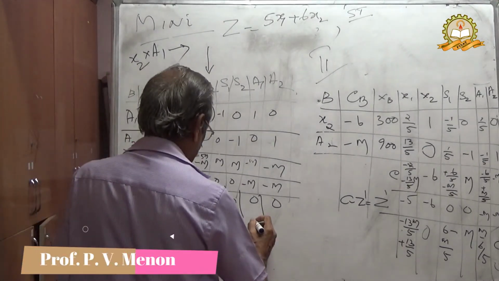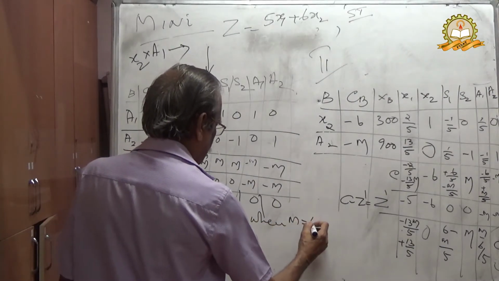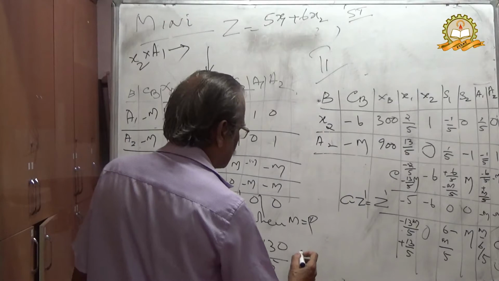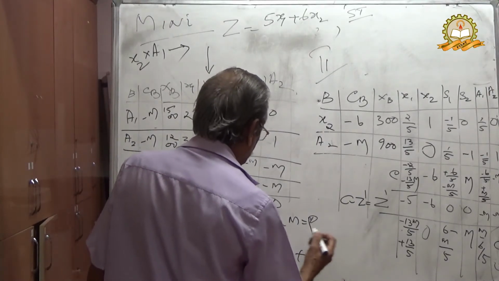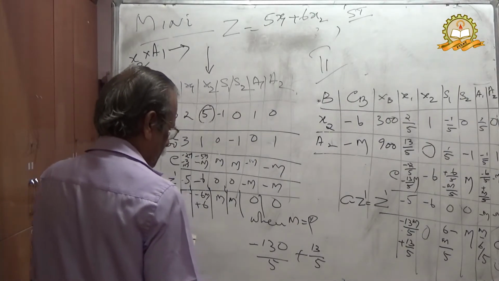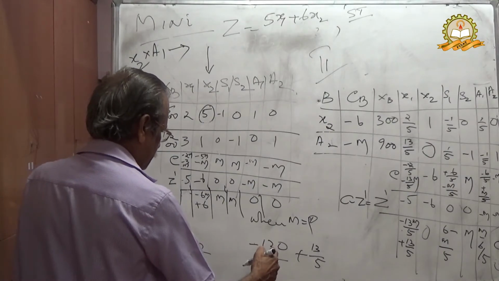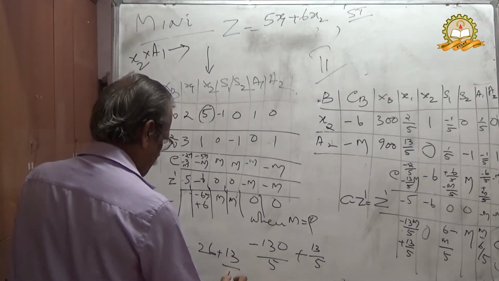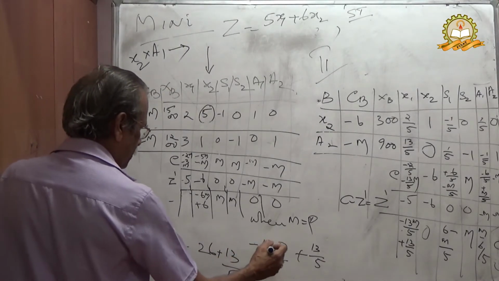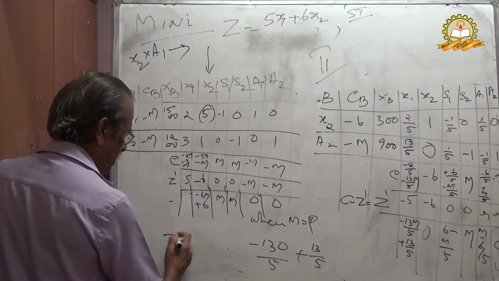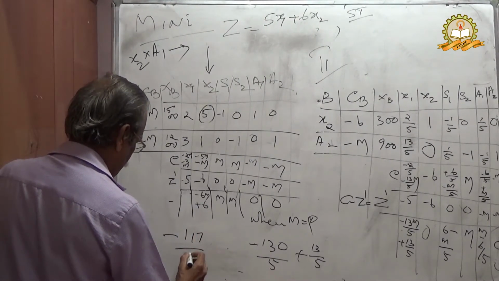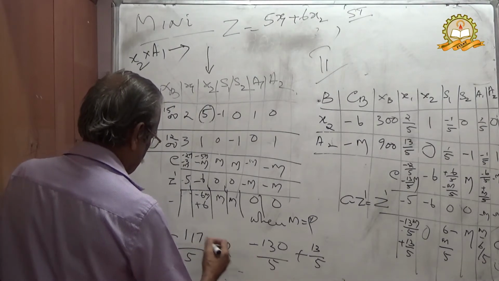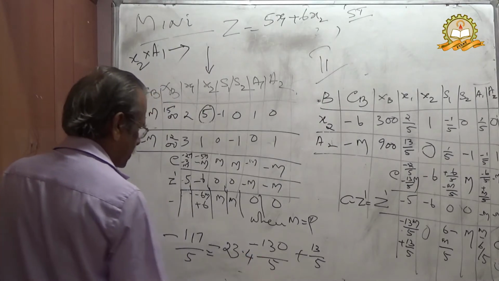Then consider m equal to 10. When m equal to 10, this becomes minus 13 times 5 by 5 plus 13 by 5, equal to negative 117 by 5, equal to negative 23.4.